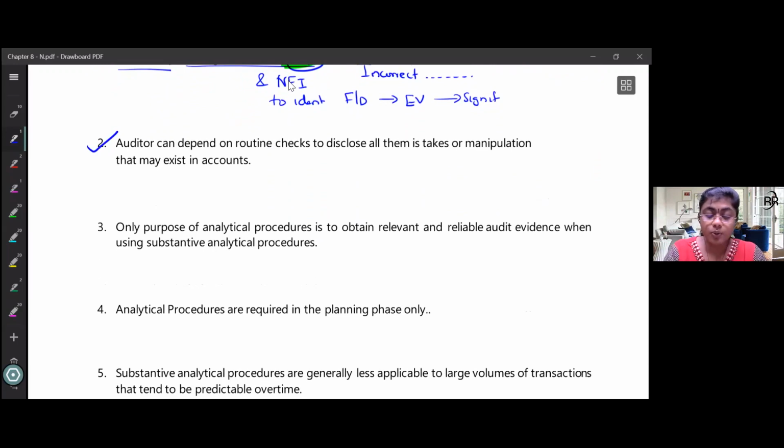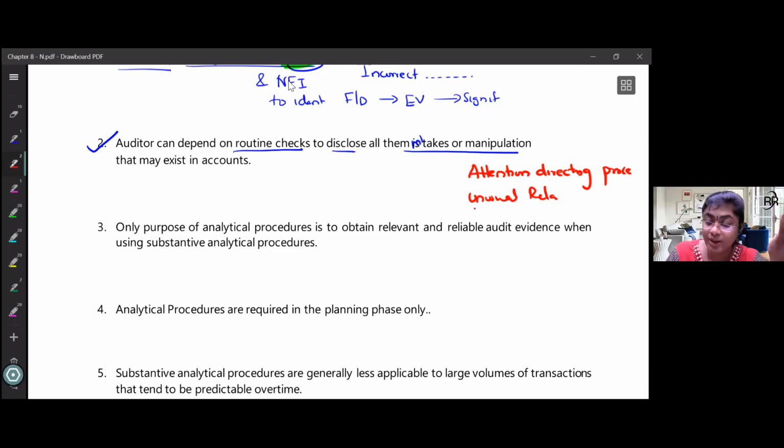Auditor can depend on routine checks to disclose all the mistakes or manipulation that may exist in accounts. See, students, while doing MCQ, we said analytical procedures are an attention directing process. It will detect unusual relationships which would have been unknown if we didn't do analytical procedure.